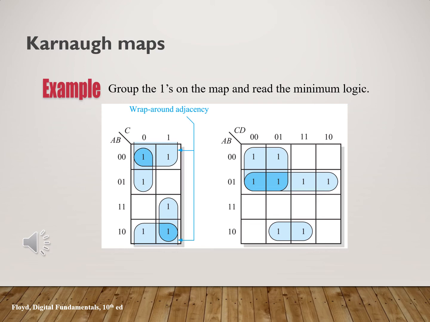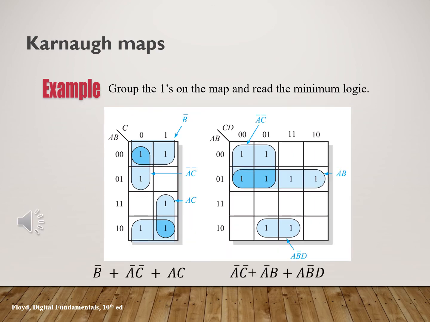So totally three groups: the top row and bottom row are wrapped together and that becomes one group. The first column, first two rows is one group, and the second column, the last two rows join and give another group. In the second pattern you have three groups here. The first four make a square, then you have the second row and then the last row.